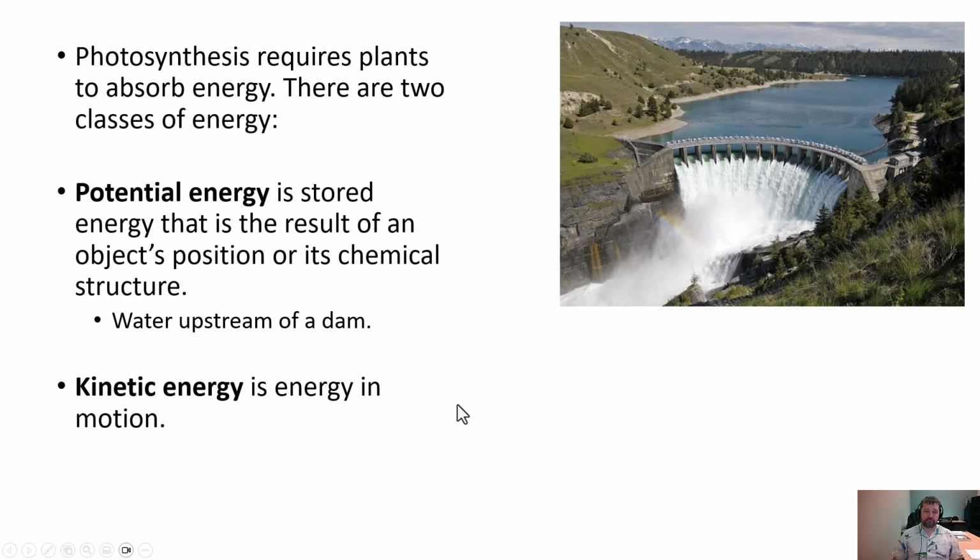Okay? So you have two main sources of energy. You have potential energy and kinetic energy. You think of potential energy as the stored energy, and kinetic energy is the energy once it's been released and is able to flow and create motion, or generate motion.